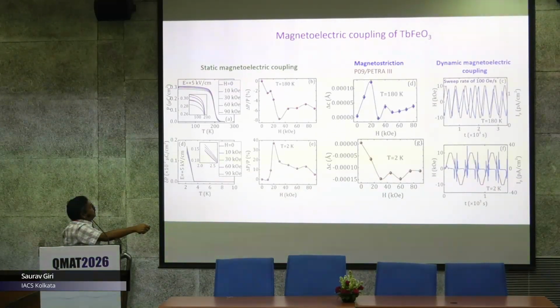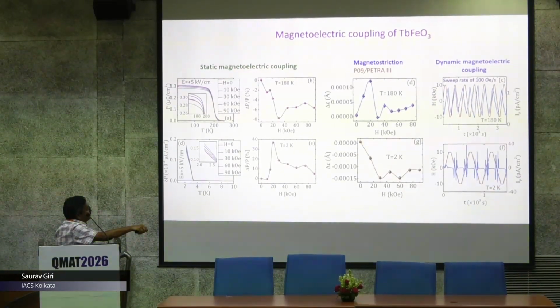We also performed the dynamic magnetoelectric coupling. What is that? We just swept the magnetic field between plus minus 10 kilo oersted. This red curve goes up and down with time, and we recorded the pyroelectric current, which provides the polarization, and this also oscillates between 2 points, but it doesn't match with the same phases. The periodic time is different.